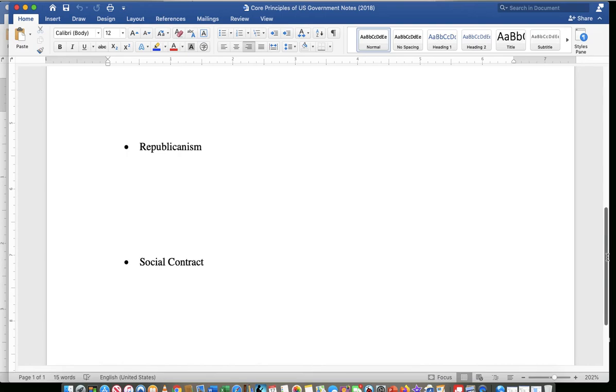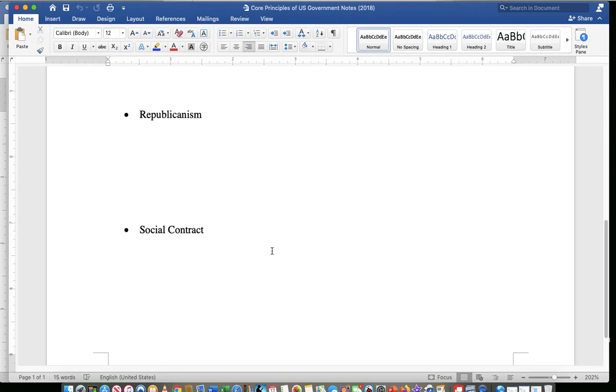And then the last one, social contract theory, is this idea of a contract between people and the government, whereby the people give up certain liberties. In return, the government will protect citizens' life, liberty, and property. So we agree to follow your laws, your rules, your regulations.